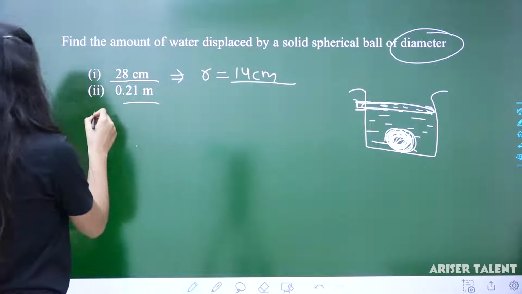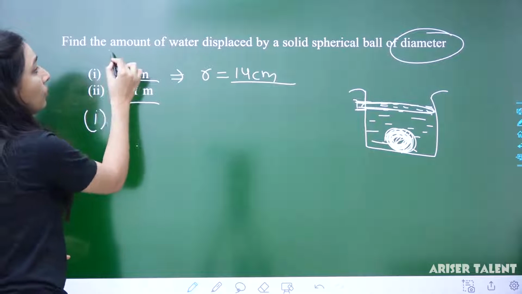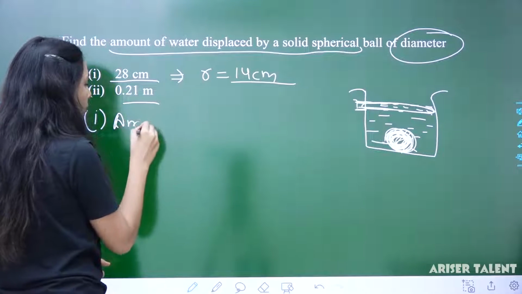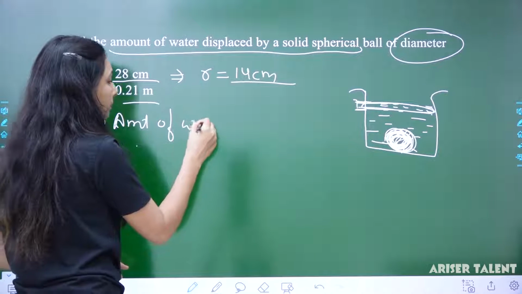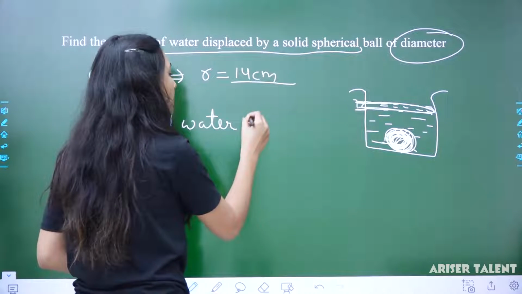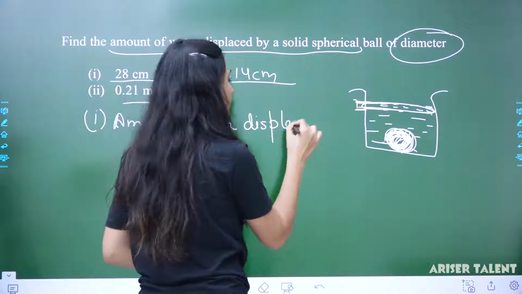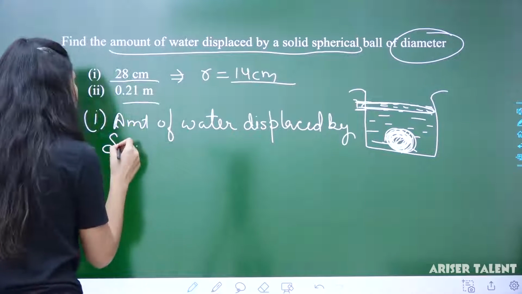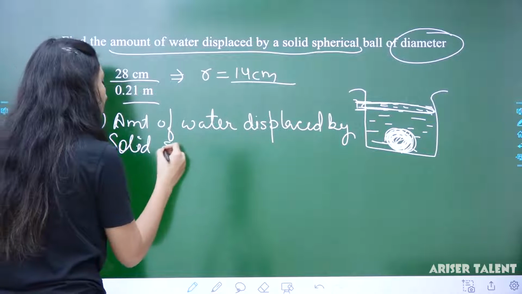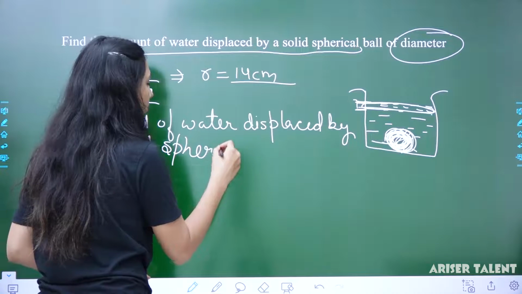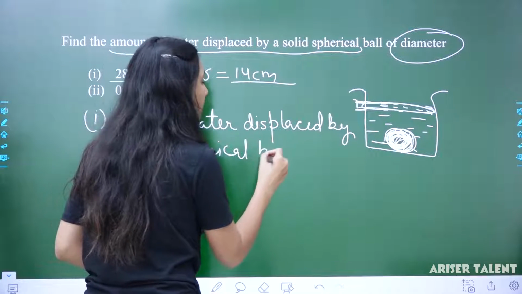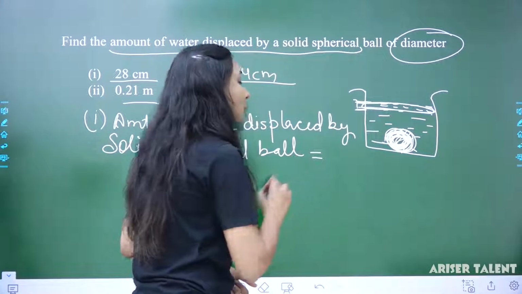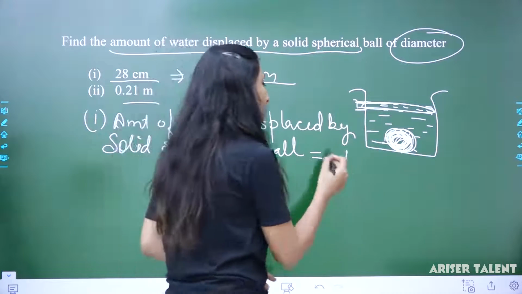Understood? Now the first one: the amount of water displaced by a solid spherical ball will be equal to the volume of the spherical ball.